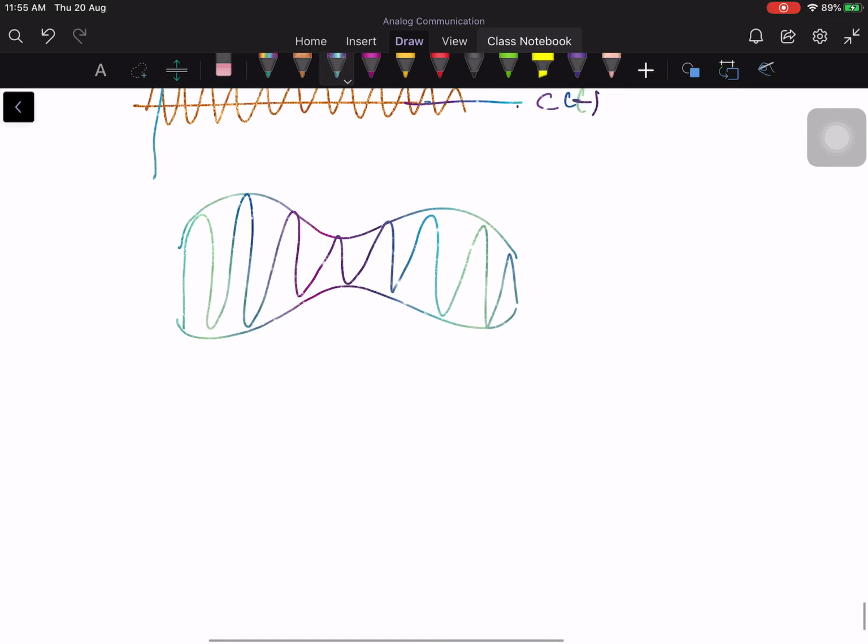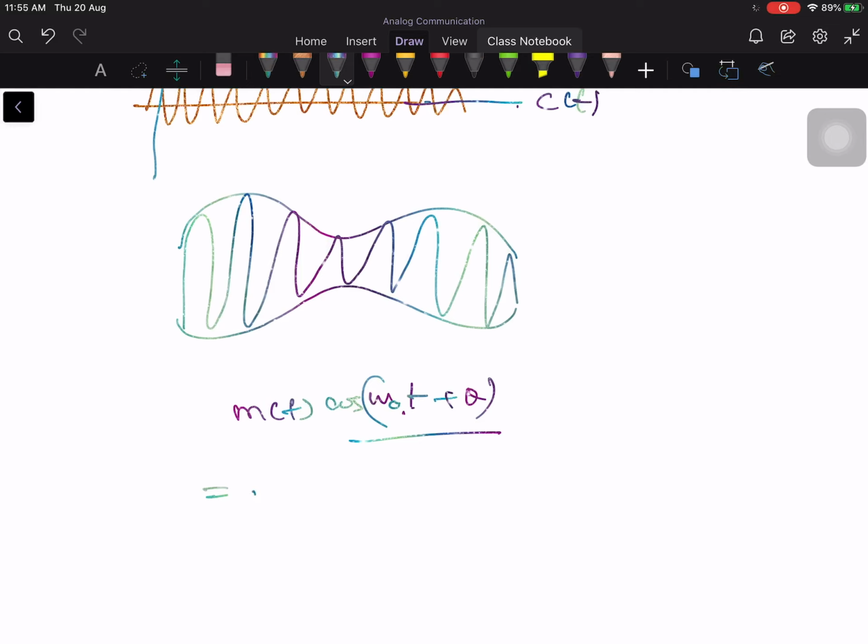Now one can ask, what is the instantaneous amplitude at time t? How will you answer this question? It is m of t or something else, because you have m of t times cos of omega naught t plus some phase angle theta. Now let me expand this. Cos a plus b equals cos a cos b minus sin a sin b.